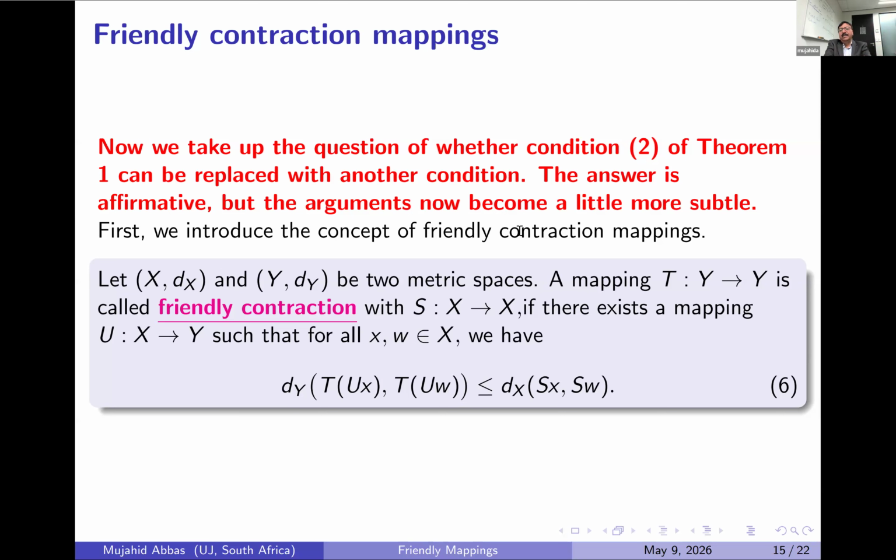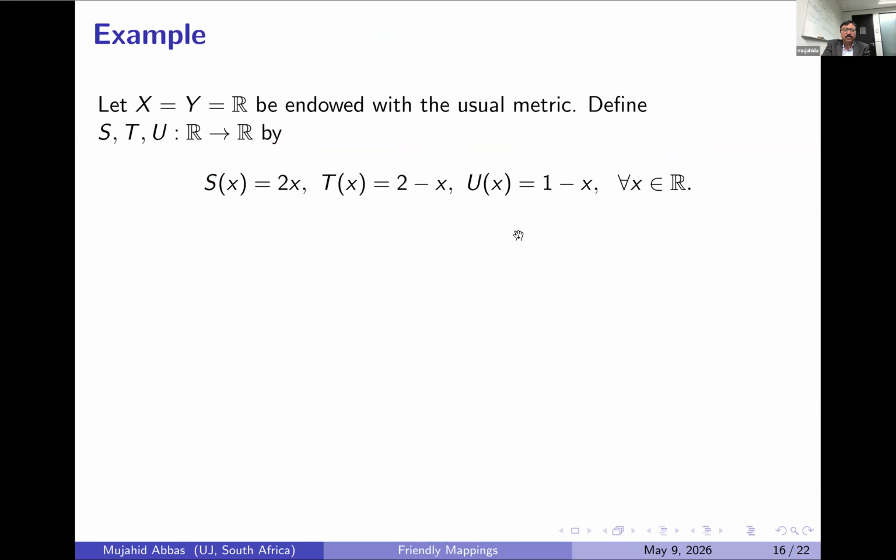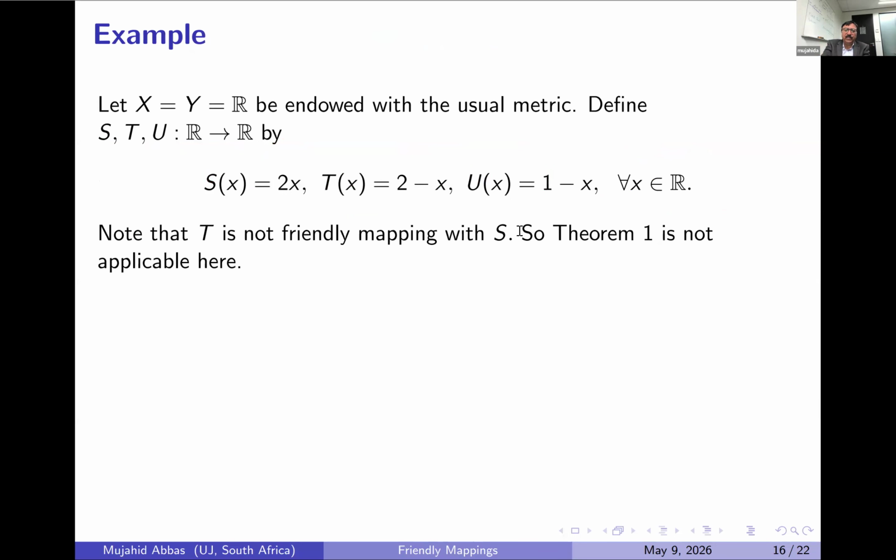And here what I'm saying is the distance of T of Ux and T of Uw is less than or equal to the distance between Sx and Sw, and you are not finding some alpha over here. You can get the feel of a non-expansive mapping over here, but it is not non-expansive indeed.